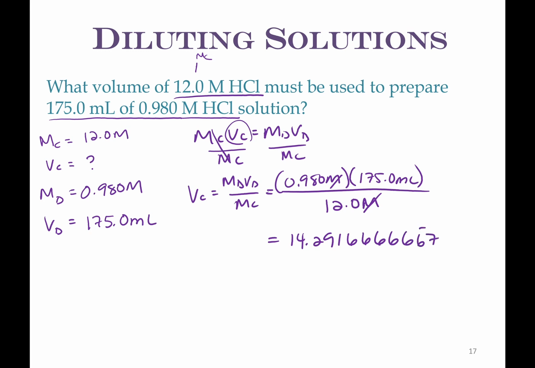That is 14.2916666667. We'll just say that's repeating. All right, so we're going to round that to three significant figures. So 14.3, and this is milliliters.